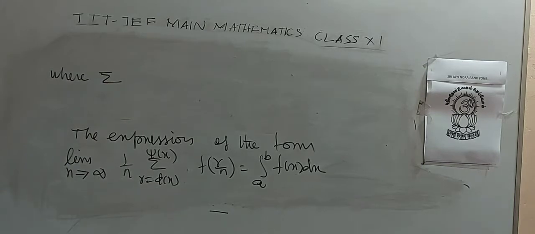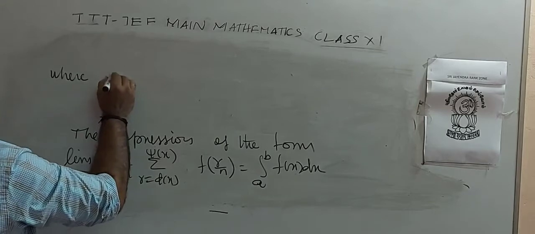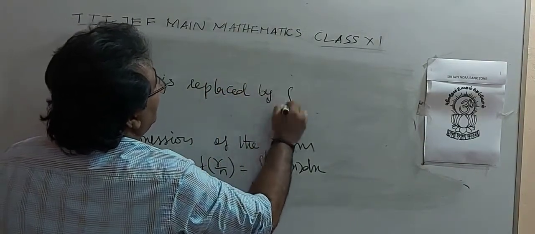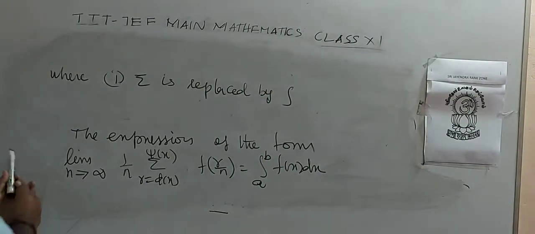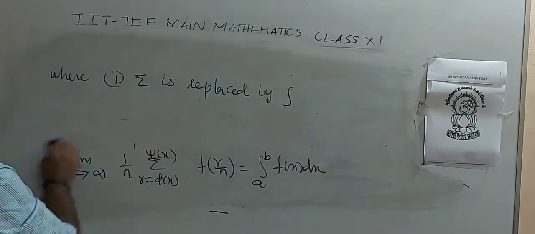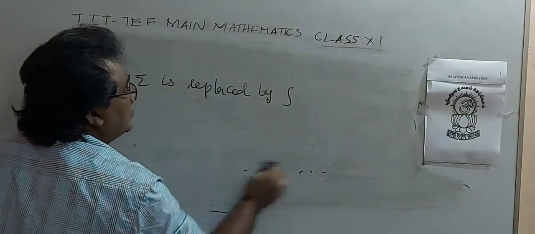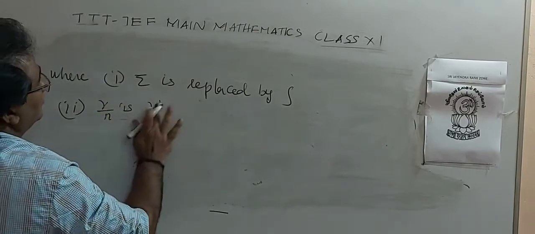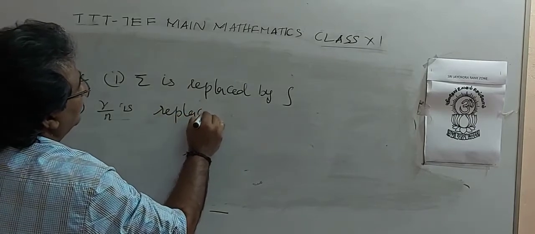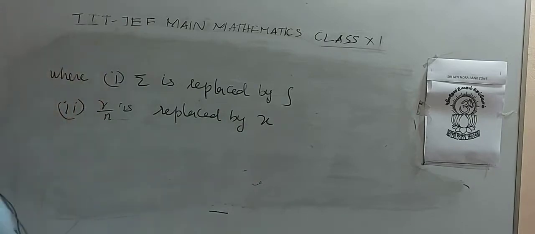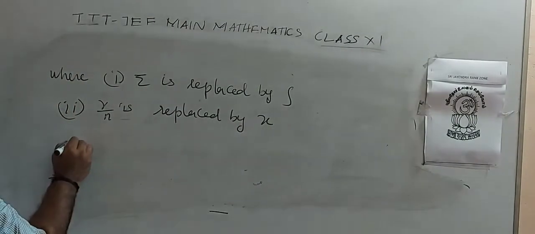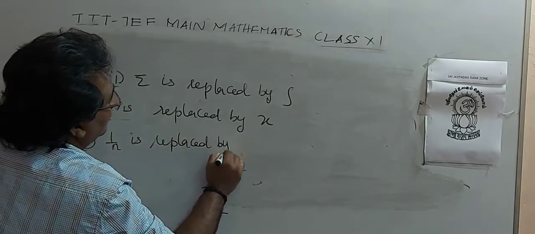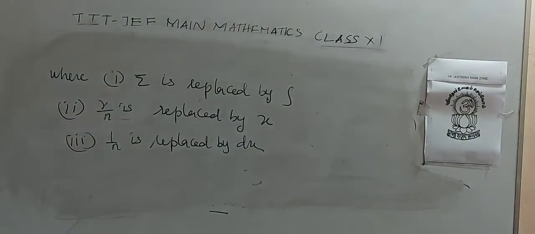Where the summation is replaced by the integral sign, r by n is replaced by x, and 1 by n is replaced by dx.